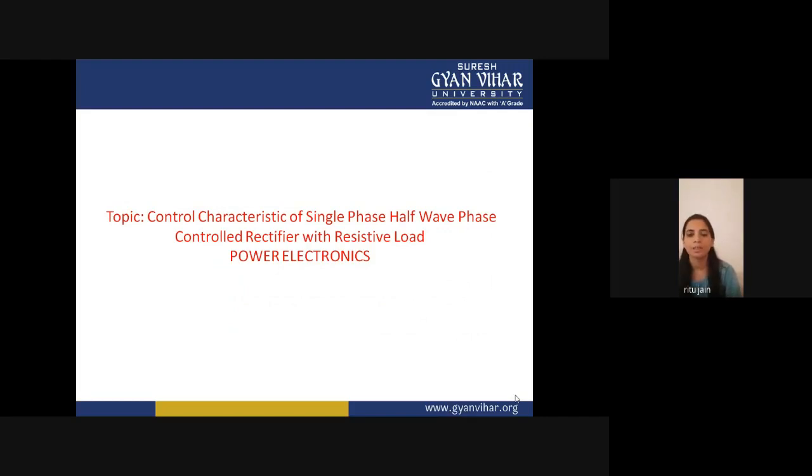In the previous lectures we have already discussed SCR and diode. Now we will do the waveform analysis of the controlled rectifier, which is the single phase half wave control rectifier.